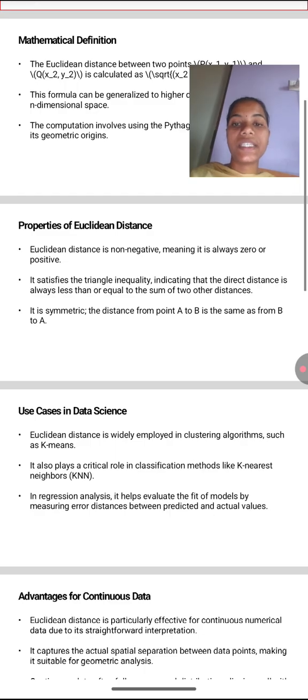It is symmetric, meaning the distance from point A to B is the same as from B to A. When calculated from A to B or B to A, the distance is the same. It is called symmetric.